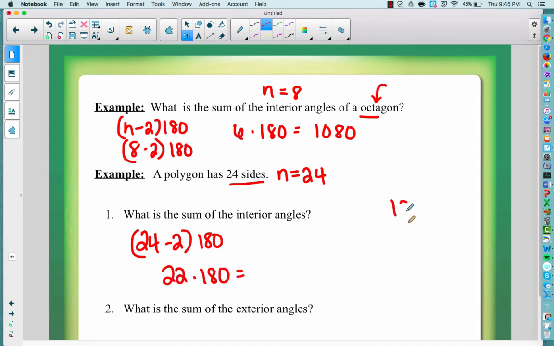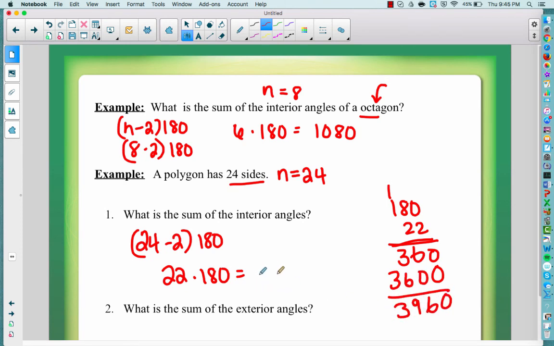All right, so 180 times 22. 2 times 0 is 0. 8 times 2 is 16. 2 times 1 is 2 plus 1 is 3. So 3,960 degrees. The sum of the interior angles of a 24-sided polygon. What's the sum of the exterior angles? 360 degrees. It's really that simple.